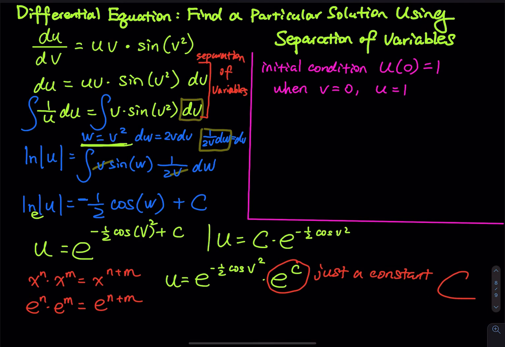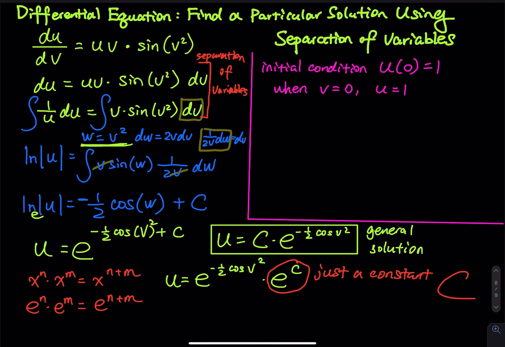And then this is my general solution. Since C is not evaluated yet, you call this the general solution. And now we go back to the initial condition.